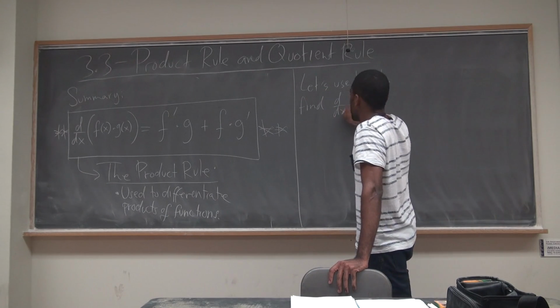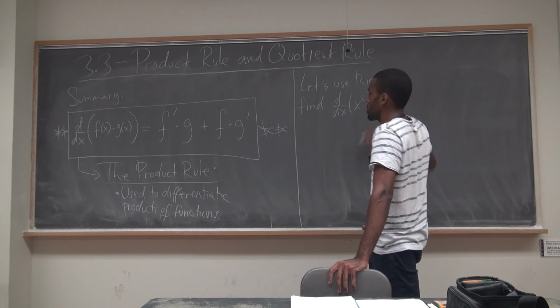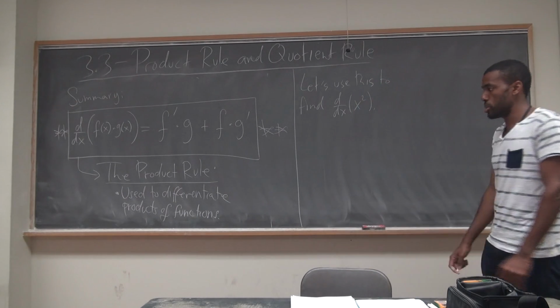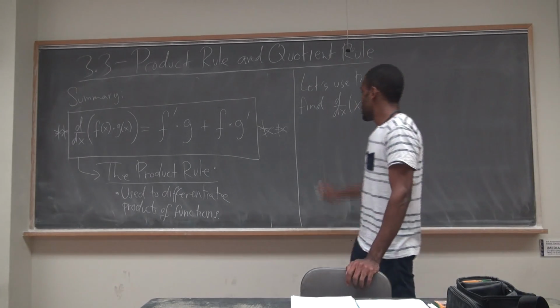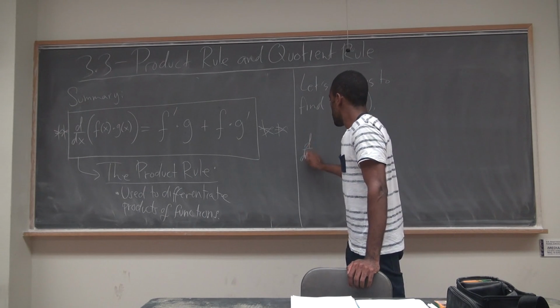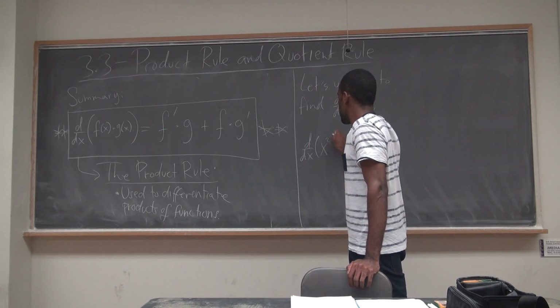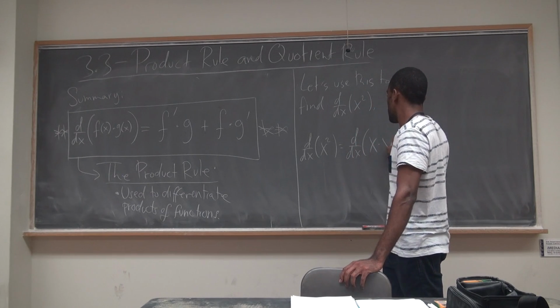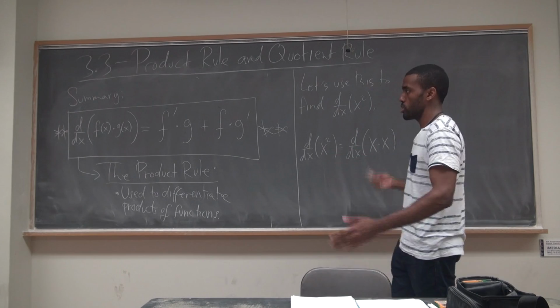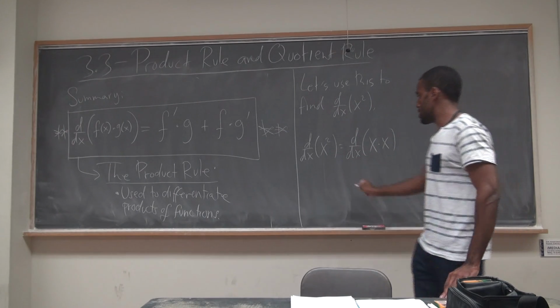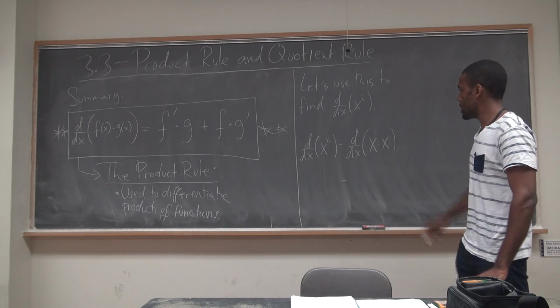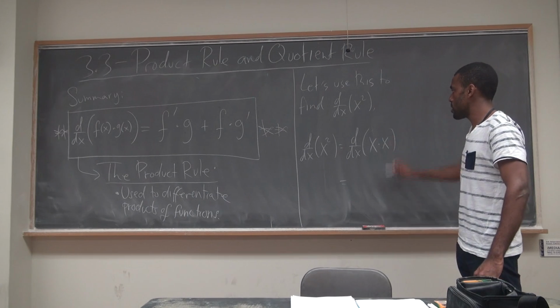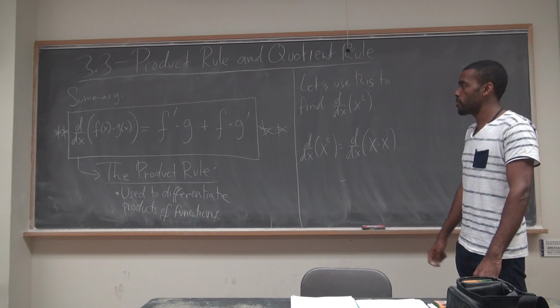Let's use this rule to find the derivative of x squared. See if it actually coincides with what we know the answer should be by the power rule. Right? So if I look at this as x times x, which is x squared, it should work out. What if I actually did this like the product rule? Meaning I think of this as one function f, that as one function g.